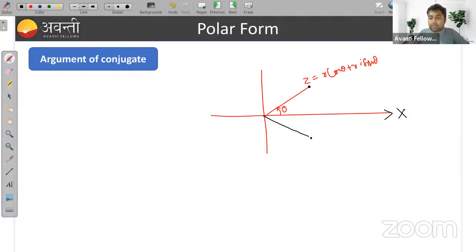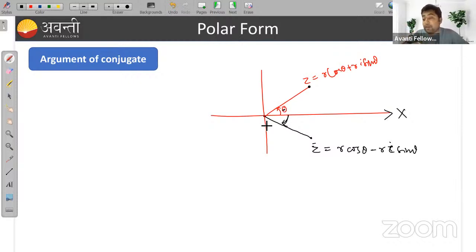So this will be my conjugate of z, which is r cos theta minus r into i sin theta. Yes or no? What is the argument here? In case z is r cos theta plus r i sin theta, the argument is theta.